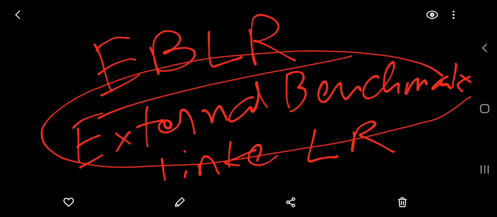After that, this external benchmark linked lending rate is used. Why is it that so many kinds of lending rates are being used? MCLR is already there. Now there is the introduction of RLLR, and now there is EBLR.